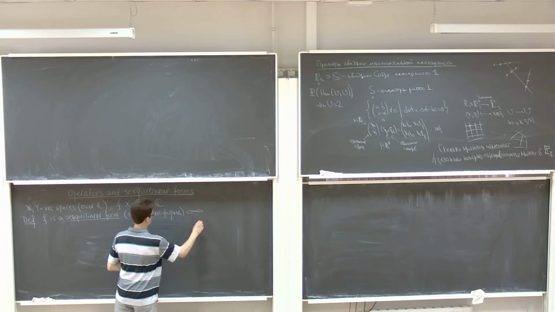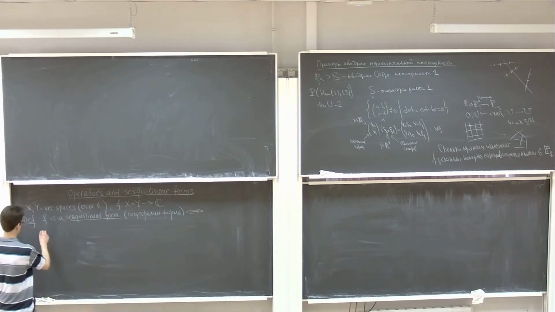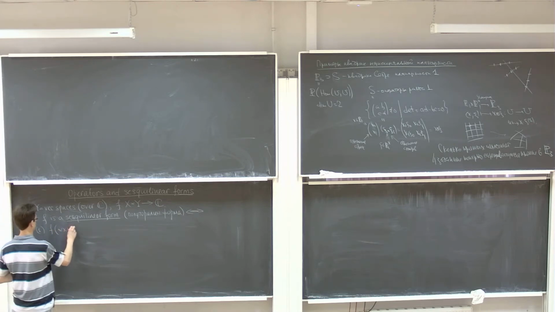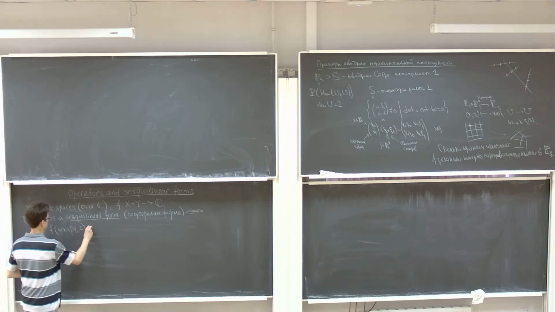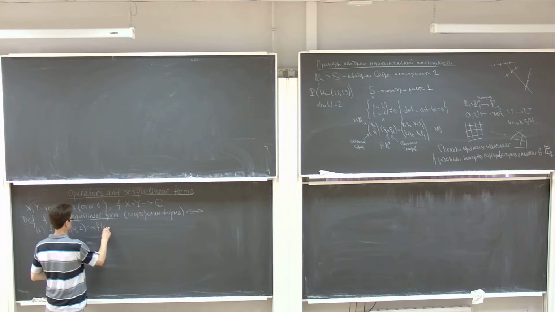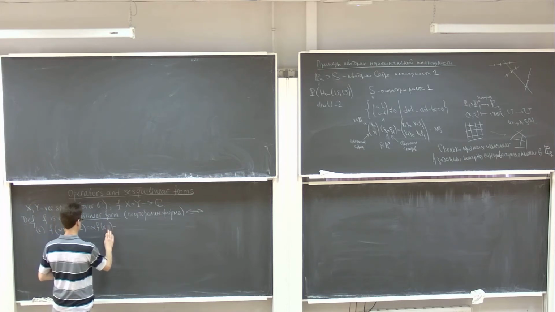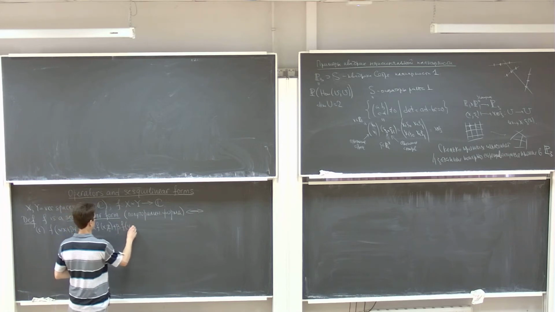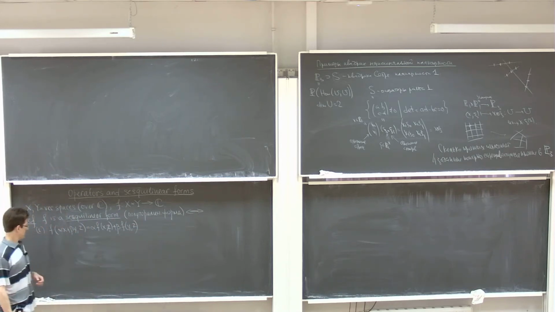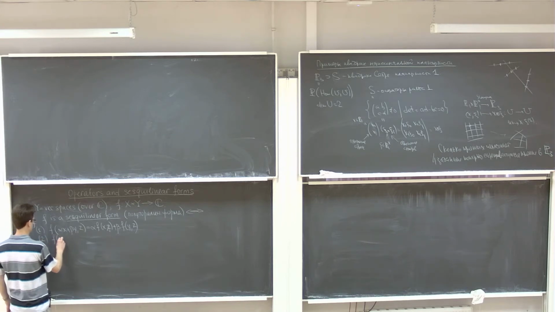F is a sesquilinear form if it is linear in the first argument. That is, we have the following identity. And F is antilinear in the second argument.